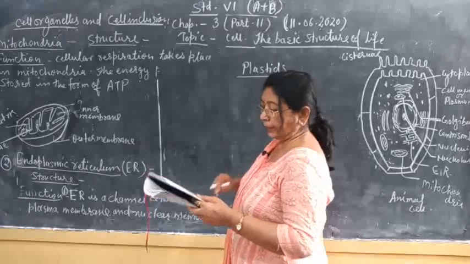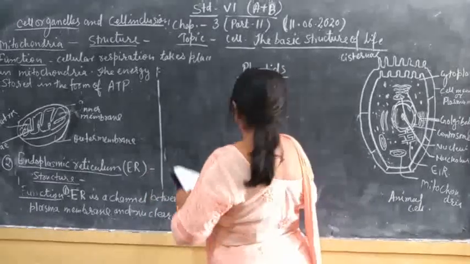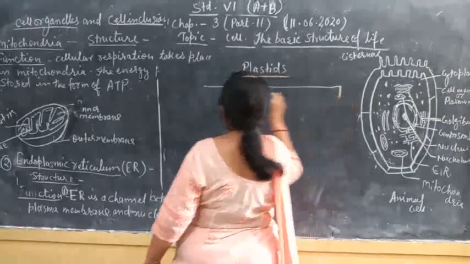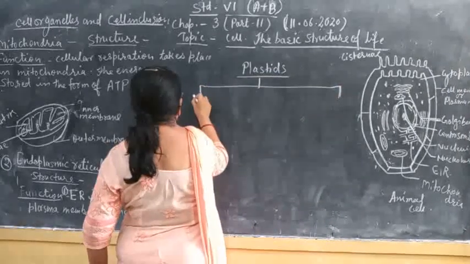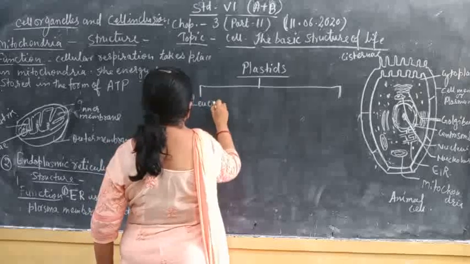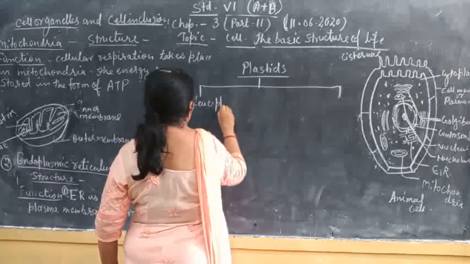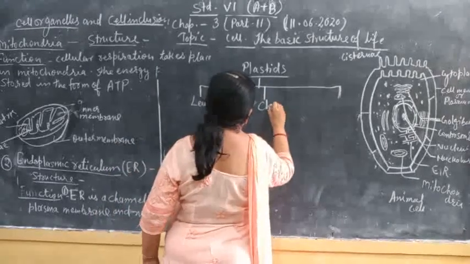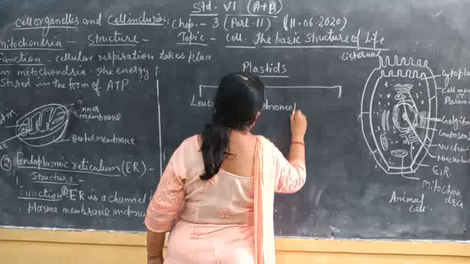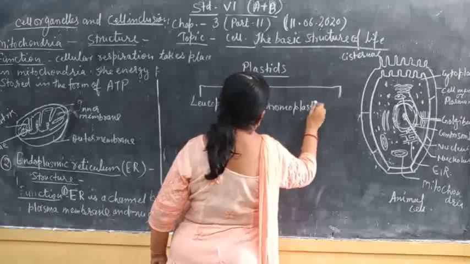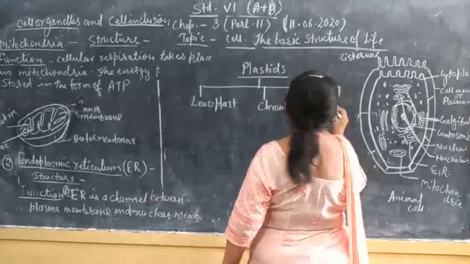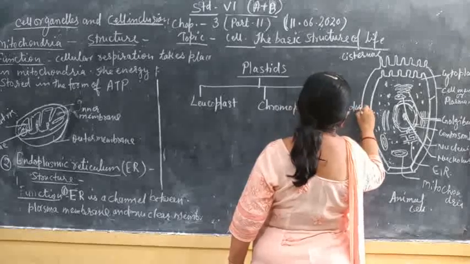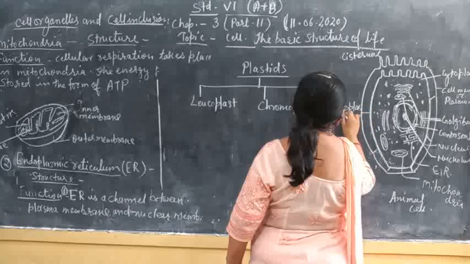They are bounded by a double membrane. There are three types: leucoplast, chromoplast and chloroplast.